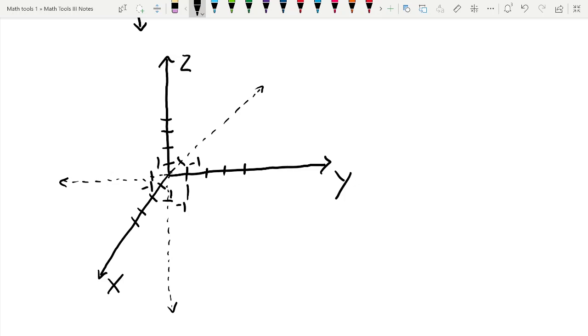Okay, so if we wanted to graph the point, let's say 2, 3, 4, the way we read these is as an x, y, z ordered pair.